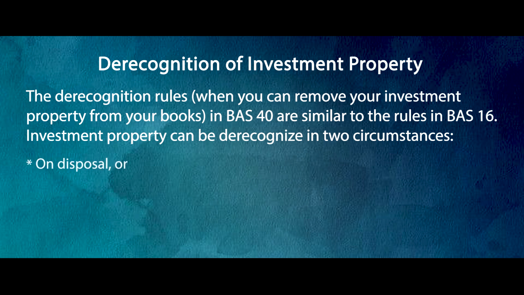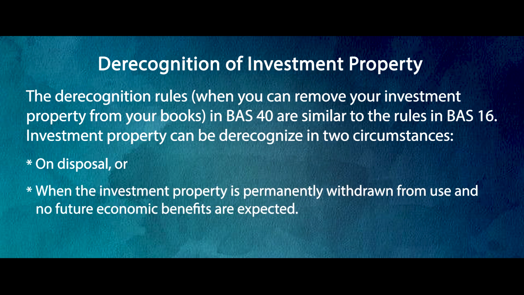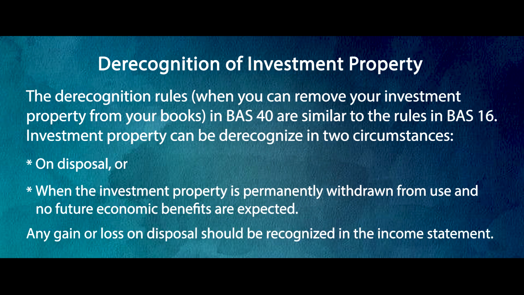First one is on disposal, which is at the time of selling. And second one is when the investment property is permanently withdrawn from use and no future economic benefits are expected from that investment property. So these are the 2 circumstances under which a company can derecognize their investment property. Any gain or loss on disposal should be recognized in the income statement.